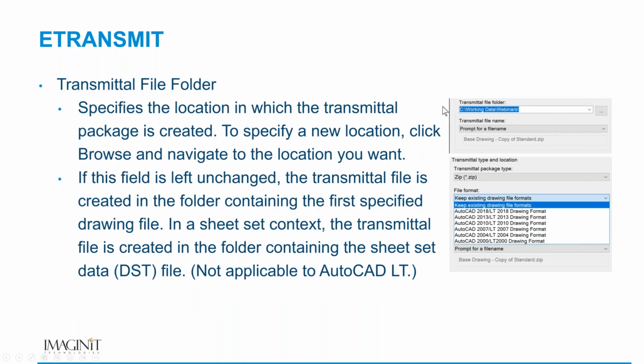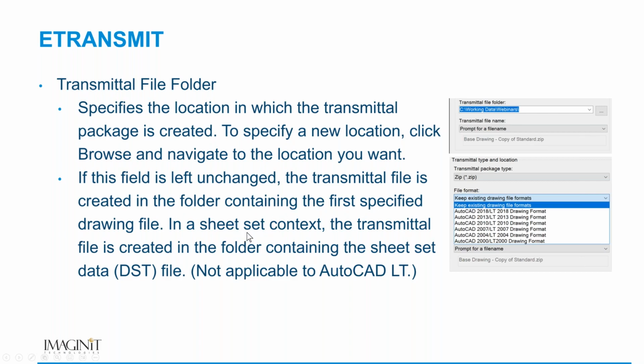So your Transmittal file folder is going to specify the location in which the Transmittal package is created. In other words, the zip file, it's going to create it here in my Working Data Webinars folder. I have it prompt me for a file name. You can have it not prompt you for a file name and just use whatever. And if this field is left unchanged, the transmitted file is created containing the first specified drawing file.